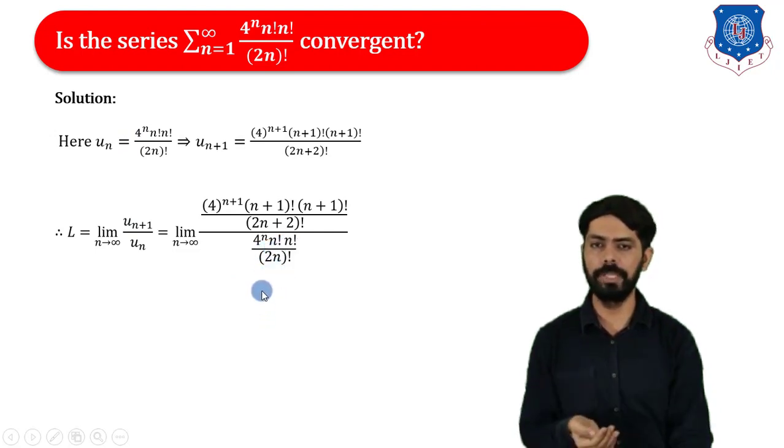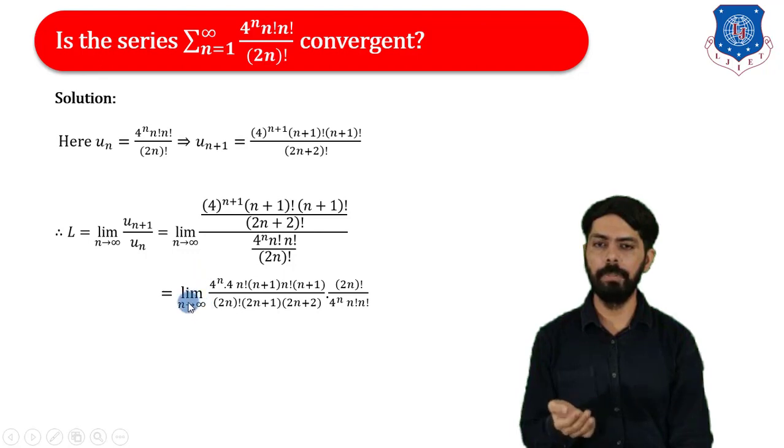So if we simplify this, then here it will be limit n tends to infinity. 4 raised to n+1 can be written as 4 raised to n into 4. Same way here (n+1) factorial can be written as (n+1) into n factorial. Same way this (n+1) factorial can be written as (n+1) into n factorial.